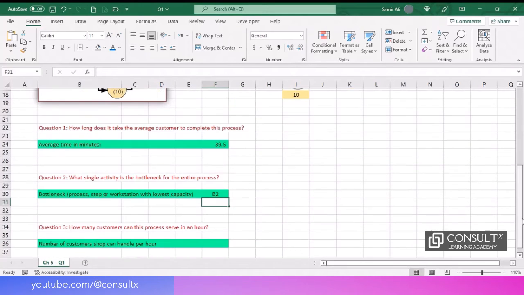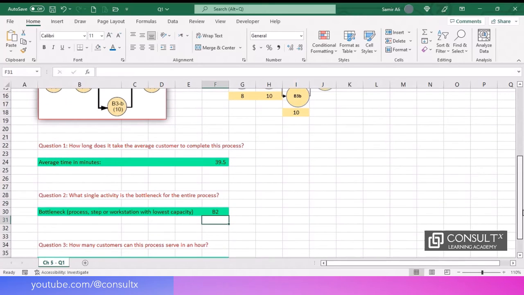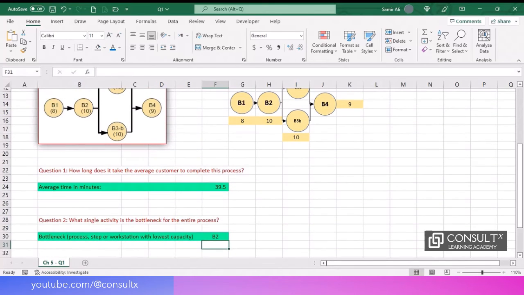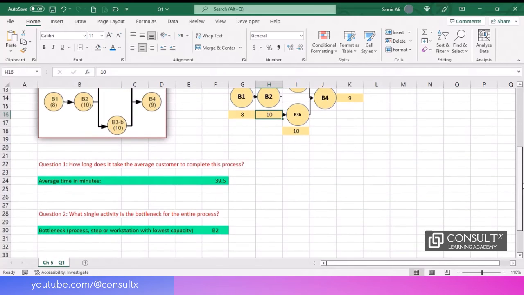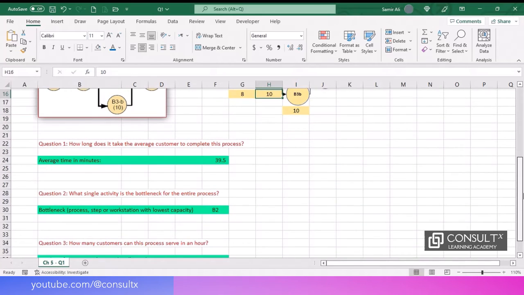Our third and last question is, how many customers can this process serve in an hour? So we need to see the bottleneck process, which we found in our earlier question, that was B2. And we need to find out how many customers this process can serve in an hour.